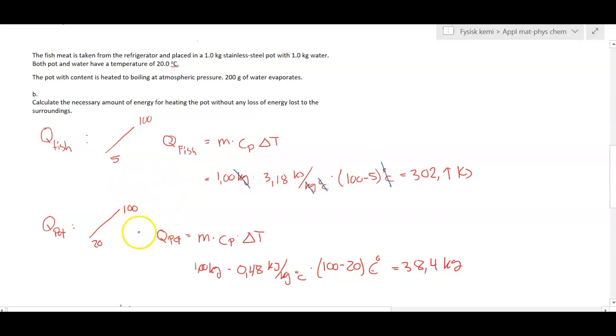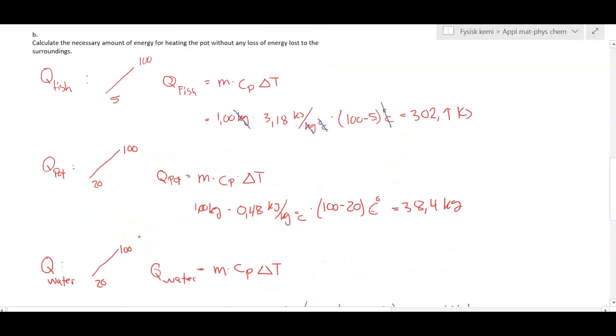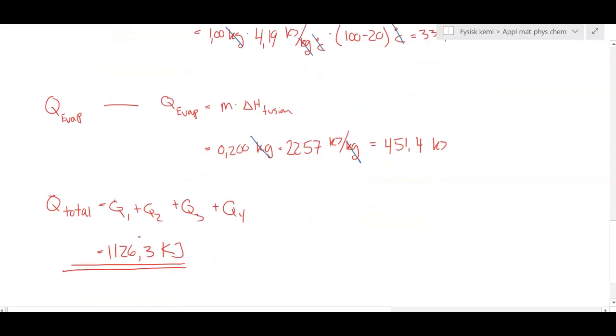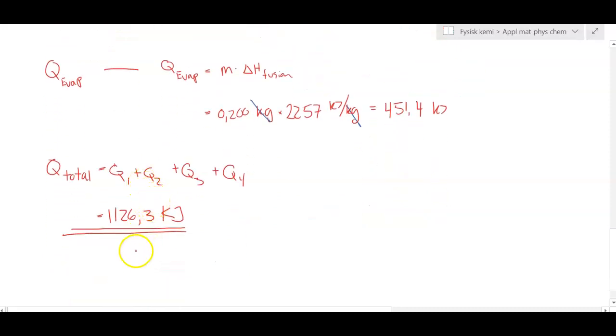And when you have evaluated all the relevant processes, then the total amount of energy used is simply the sum of the individual contributions.